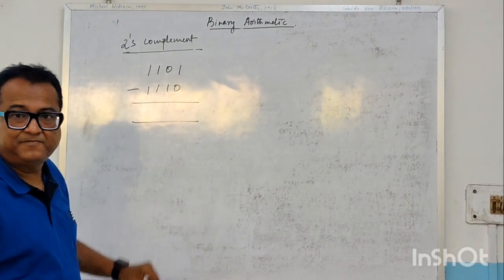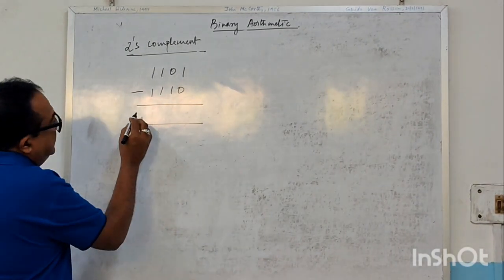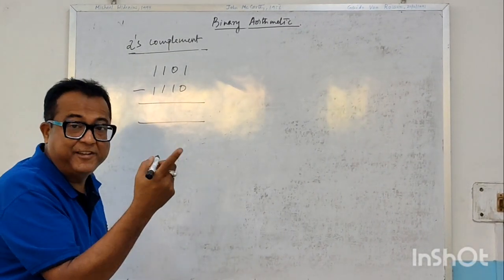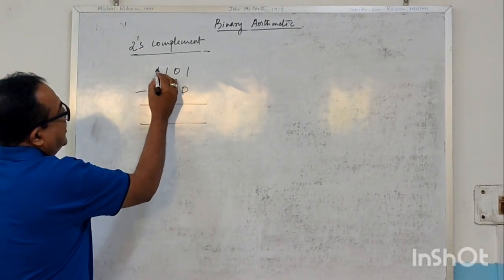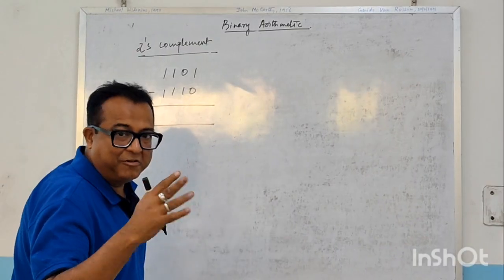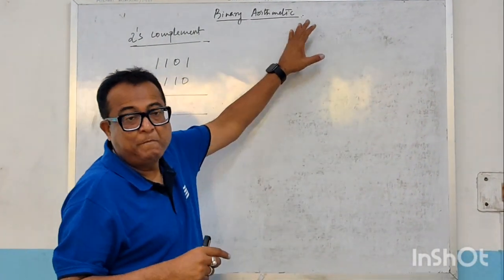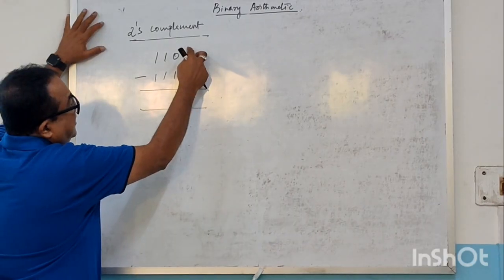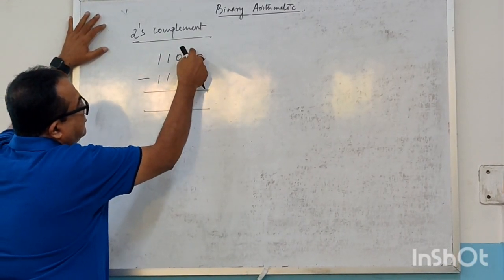So, if you do the verification first, 1, 2, 4, 8. 8 plus 4. I hope now it's clear. You will connect with the one which I have written here. So on top of this, 1, 2, 4, 8. 8 plus 4 is 12, 12 plus 1 is 13.